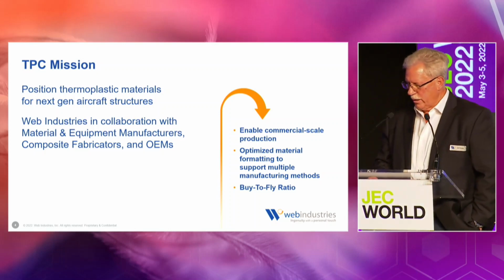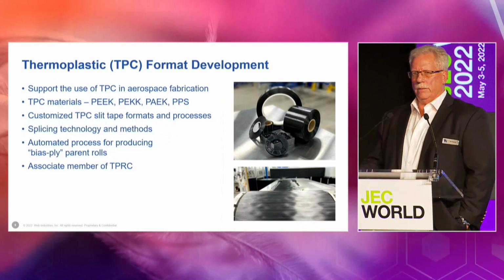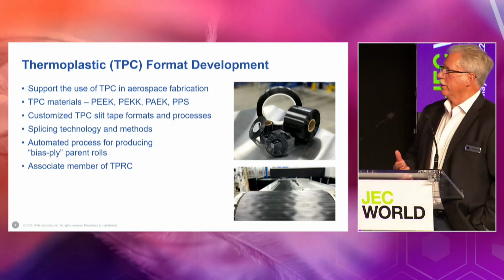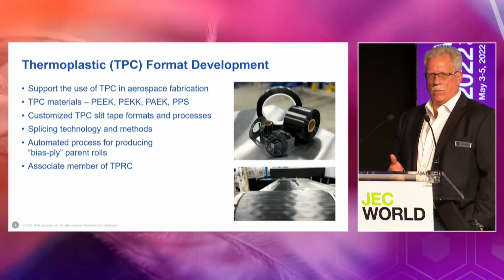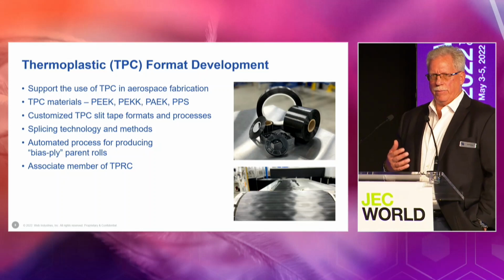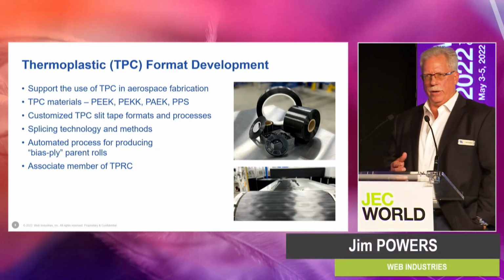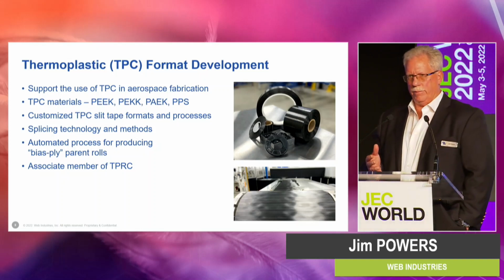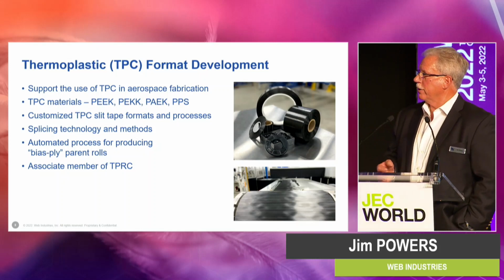Thank you, Ashley. I'd like to start off with a little bit of history on what we're doing on thermoplastic format development. With aerospace moving more and more towards thermoplastic materials, with our history in formatting thermoset products, we want to utilize that experience and move forward in a lot of the formatting understanding and processes and fabrication techniques used in thermoplastics.